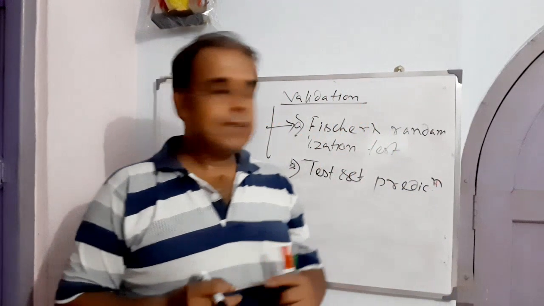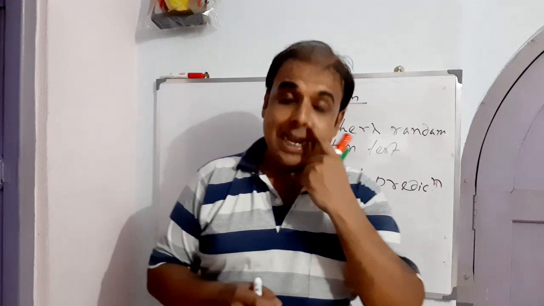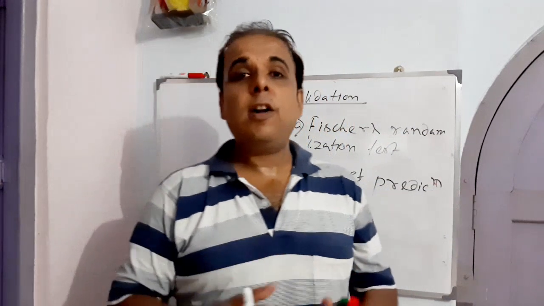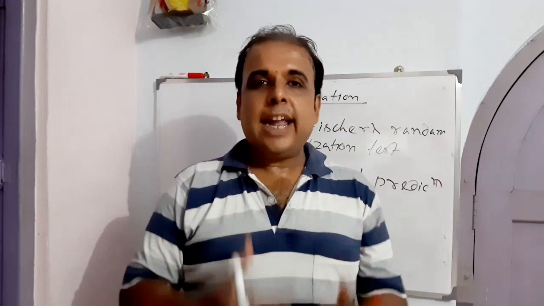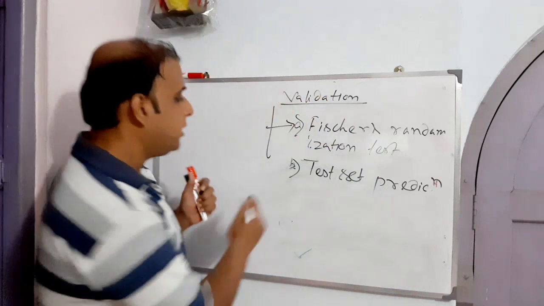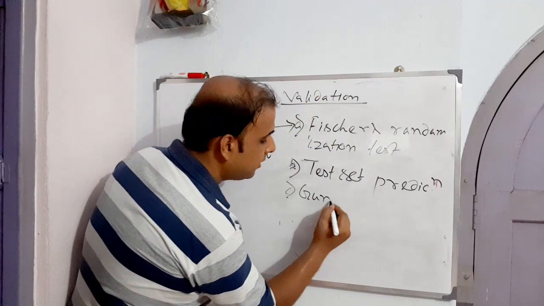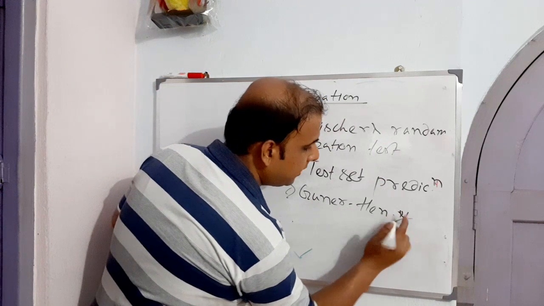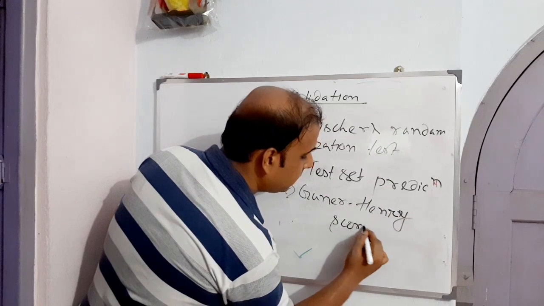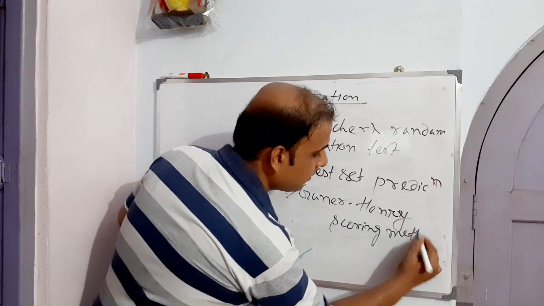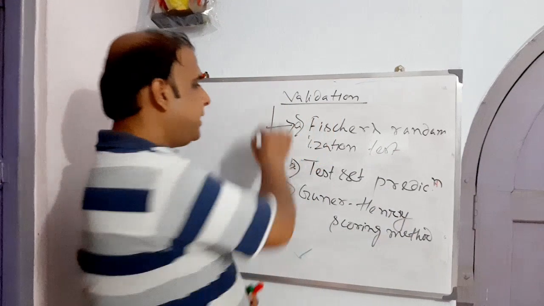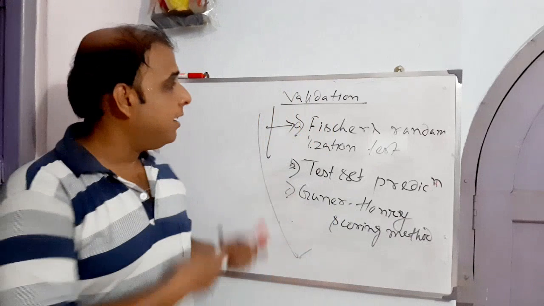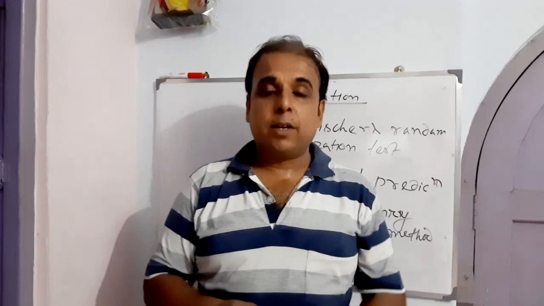The second one is test set prediction, and the third one is the Güner-Henry method for scoring. That means the Güner-Henry scoring method, right? So these are the 3 different steps involved in the final validation step of the pharmacophoric model, right?